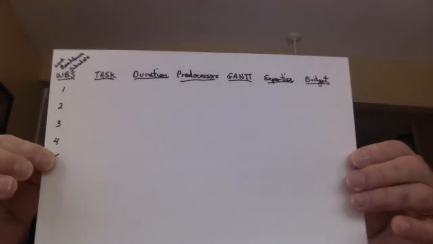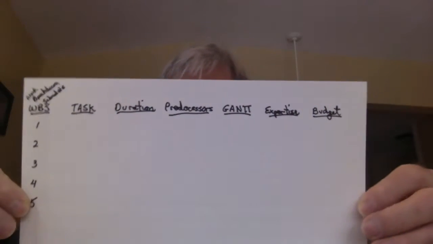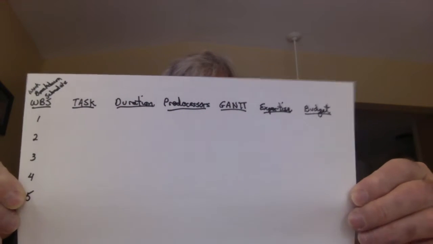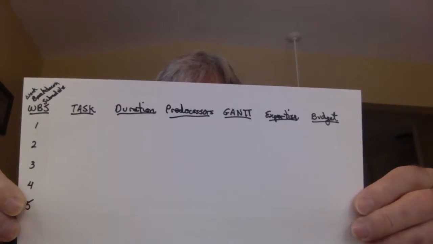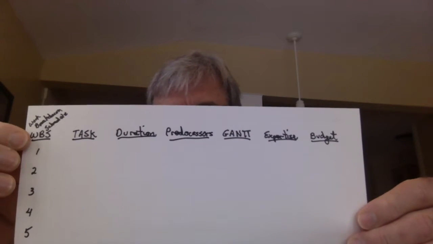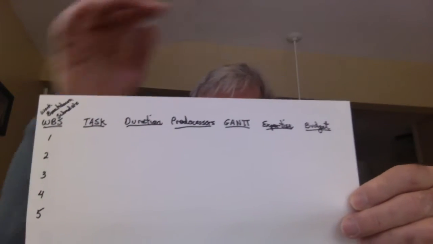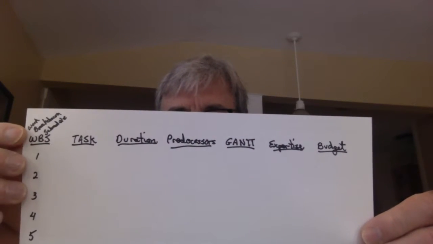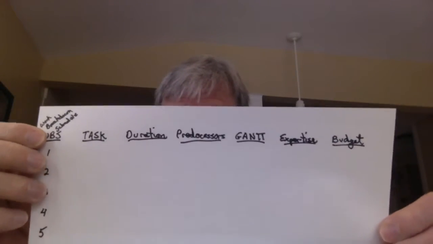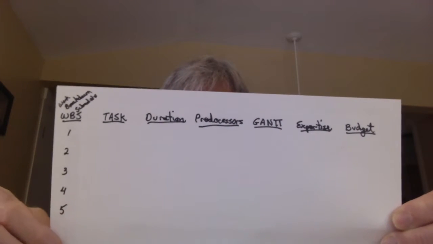And to that point, this is the chart that you should be creating and have done somewhere, and we're adding columns as we go along in the course. The work breakdown schedule: all the tasks that you're going to have to do in your project.